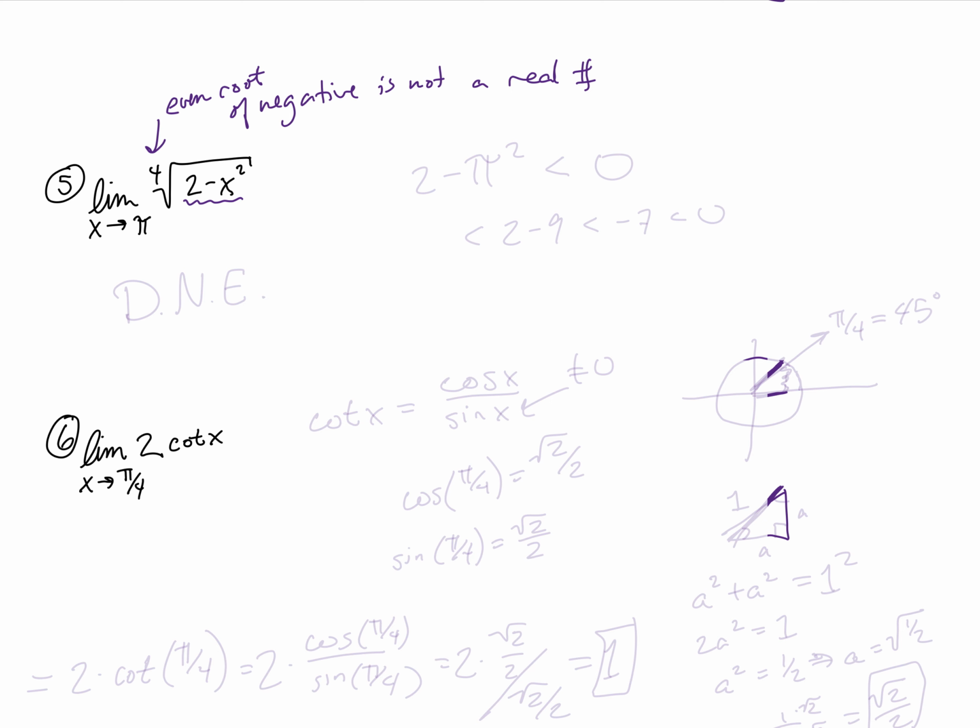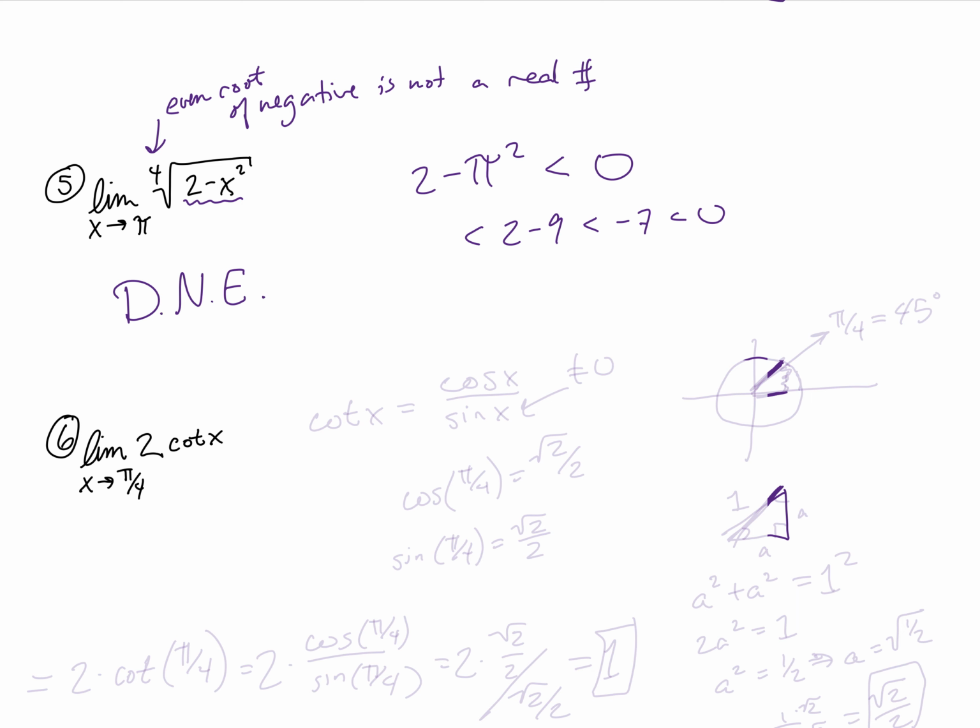So in our case, note that 2 minus pi squared is going to be less than 0. Without even calculating it, we know that pi is 3.14 and so on, so 2 minus pi squared is less than 2 minus 3 squared, which is less than, say, -7, which is less than 0. So this limit does not exist.